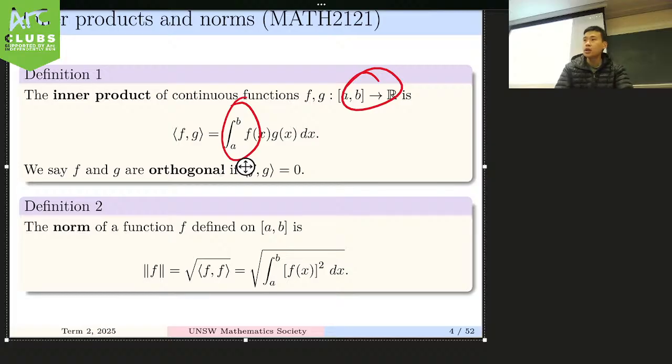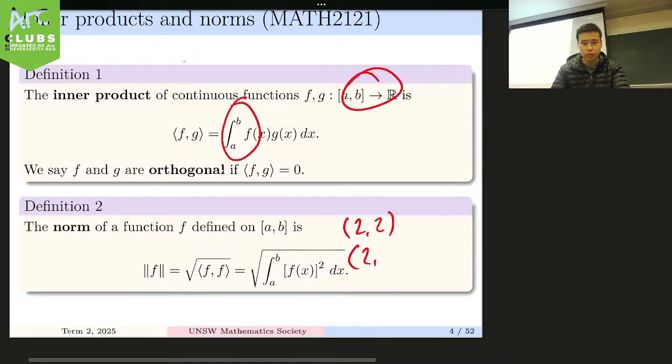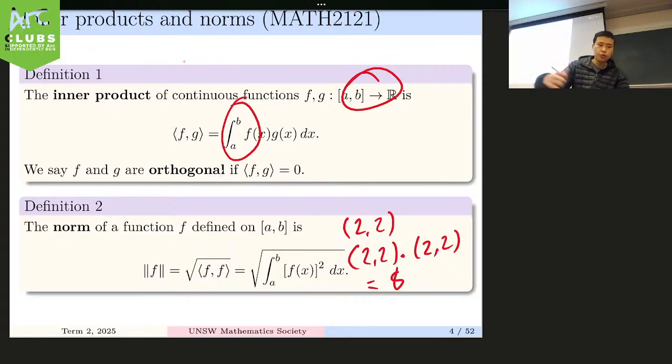Once again, how we defined the length of a vector, if we get 2, 2, was we dot the vector with itself and then square root the result. So the length would be 2 root 2.